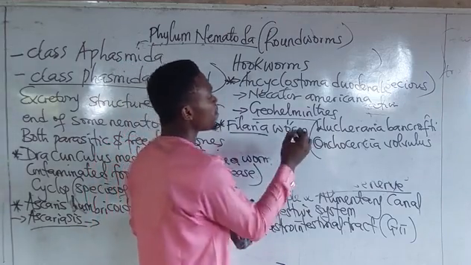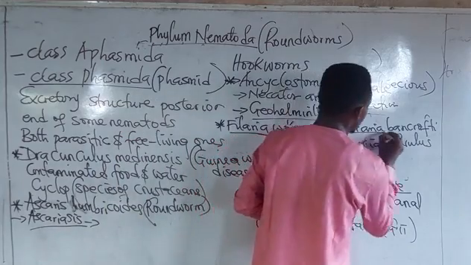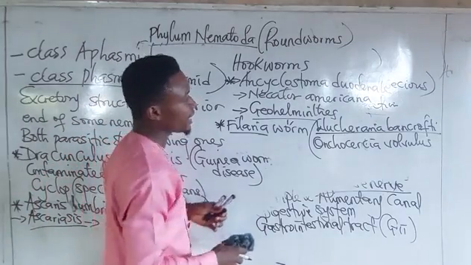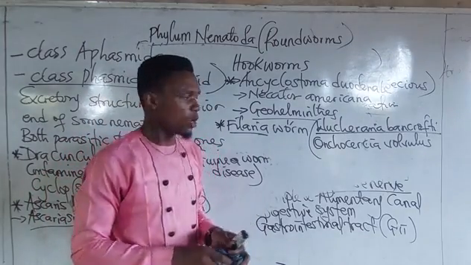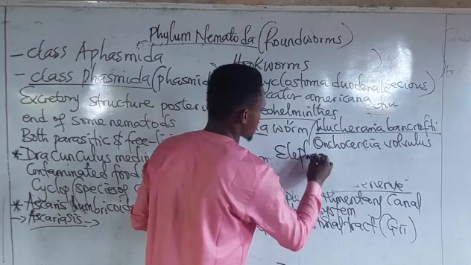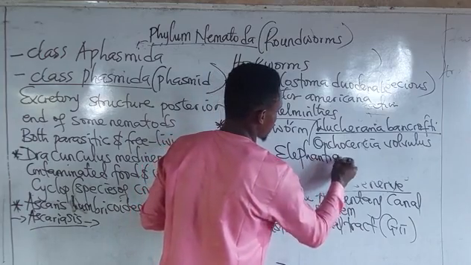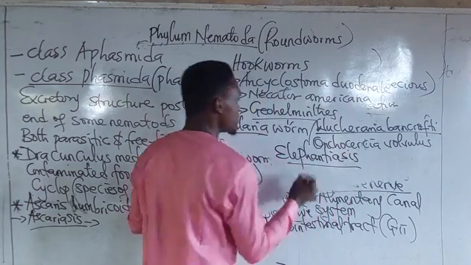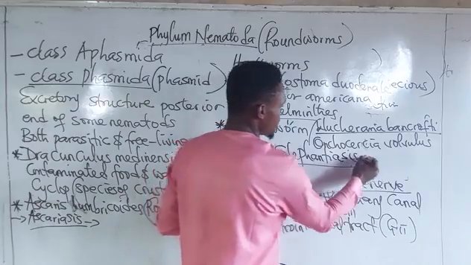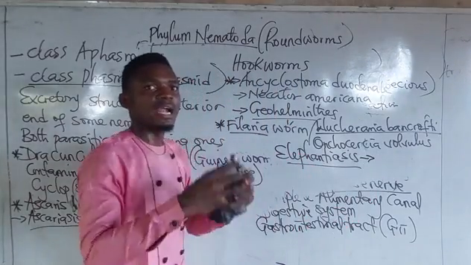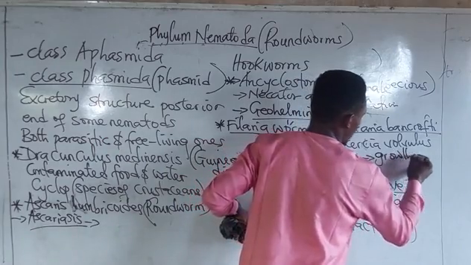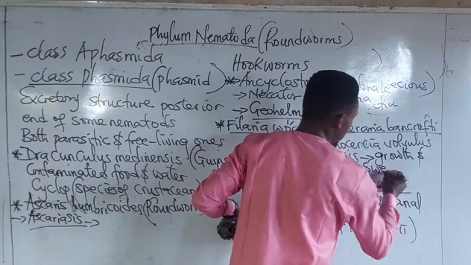But the disease caused by Wuchereria bancrofti is called elephantiasis. Elephantiasis is a disease characterized by growth and swelling.